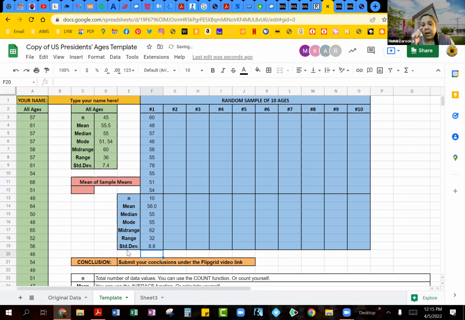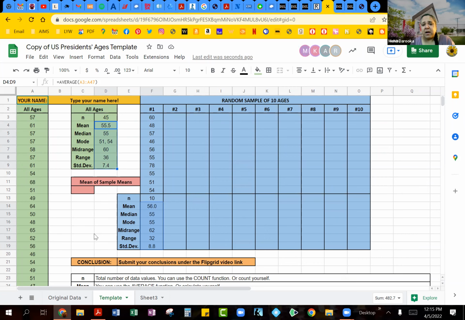And you can see when we did a random sample of 10 ages, compare your mean, median, mode from this sample to the mean, median, mode of the original data set. So you can see our mean and median are still pretty close to each other. Mode just went up slightly. Mid-range went up slightly, and standard deviation also went up a bit.